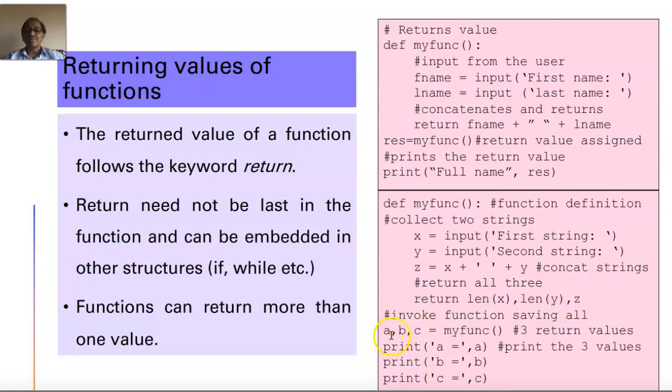So when you give three variables here, a, b, c, they are matched with what is returned. So a matches with the length of x, b matches with the length of y, c matches with z. So it gives you all three values, and all three values are printed here. So this is a function which returns more than one value.